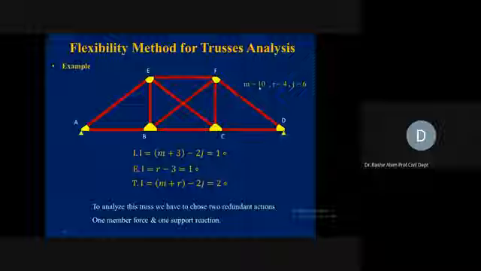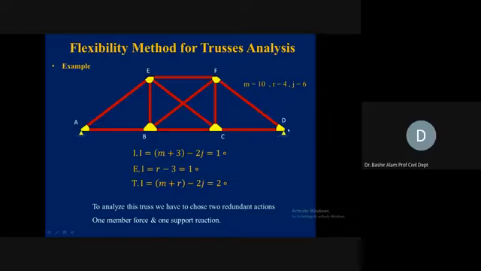The support reactions will come from the supports. At A we have a hinge support, at D we have a hinge support. At each hinge we have horizontal and vertical reactions, and at D also. So 4 are these support reactions. So r is equal to 4. Number of joints A to F, so 6 joints, so j is equal to 6.